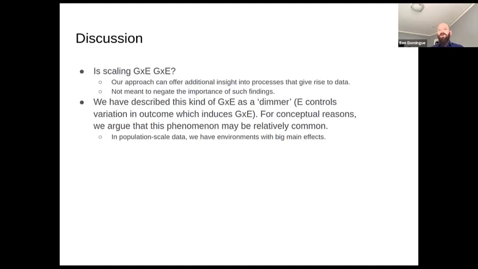As I mentioned earlier, historic study of twins that involved G by E often involved environments that didn't necessarily have huge main effects. But now in population scale data, we have environments with massive main effects. Those main effects could be such that they introduce additional problems, such as the one we've illustrated here, when it comes to study of interaction with those main effects.